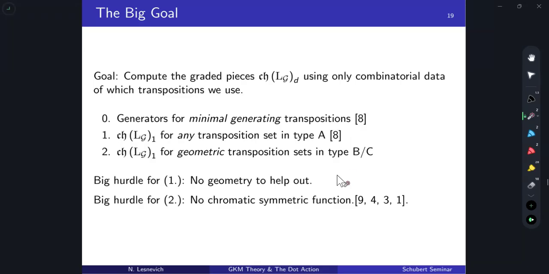That doesn't exist in any other type. So one of the selling points for this second piece is that you have a relatively straightforward way of actually computing this character.